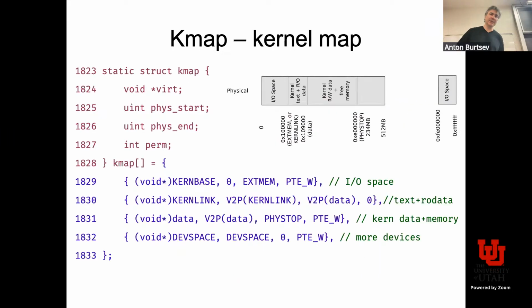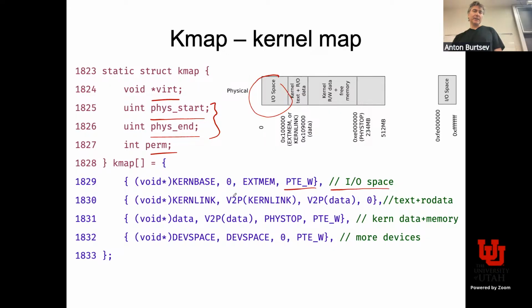And to be more specific, this is the definition of this data structure. It's a struct, has a virtual address, has a physical start and physical end. They also encode the size, and we have permissions here. And there are 4 entries in this definition. The first entry is an IO space. We say writable.